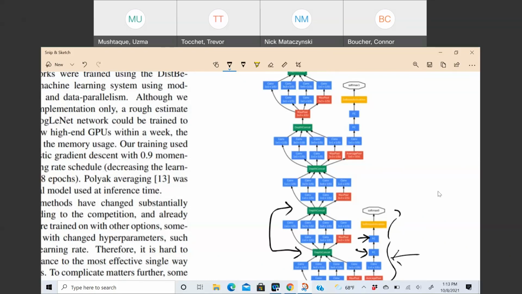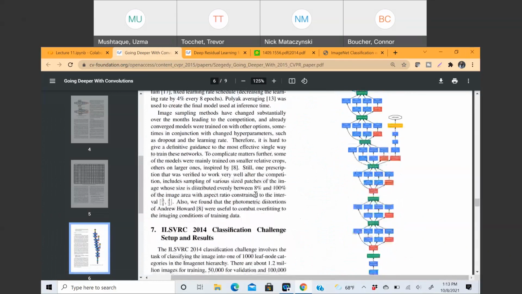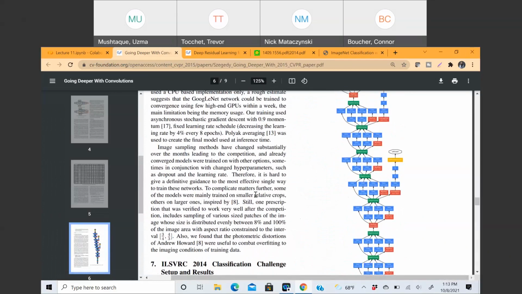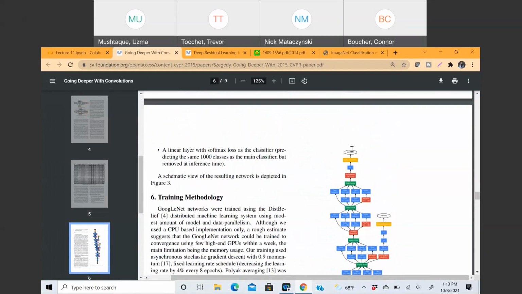Yeah, that's a very good question. So they do talk about how the training methodology is. There are a few updates to the usual one because you will have a loss at every point, right? That's the idea that comes to my mind, that you will have a loss function. But I think the high-level idea is that you actually propagate from here itself, and then you combine the gradients in some way.